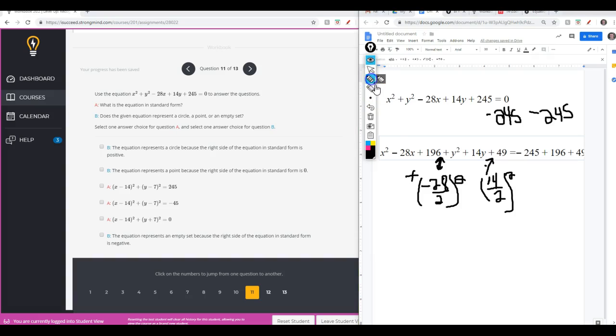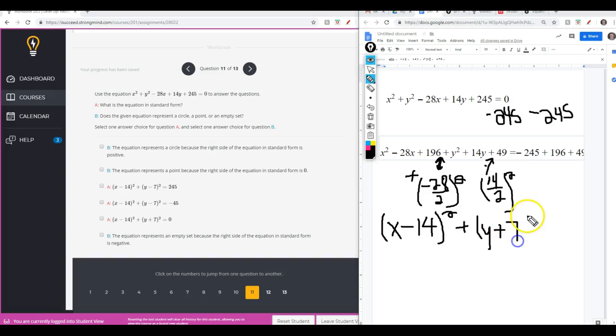So if we write this in a perfect square, we would have x, because we are leading with an x, squared. And then negative 28 divided by 2 is negative 14. That is what number creates that perfect square. Plus, we have y squared, which is our y. And then 14 divided by 2 is a positive 7.